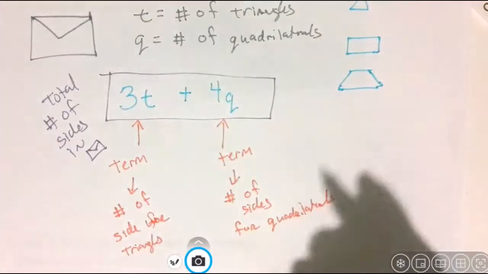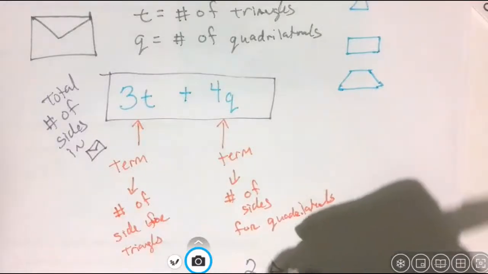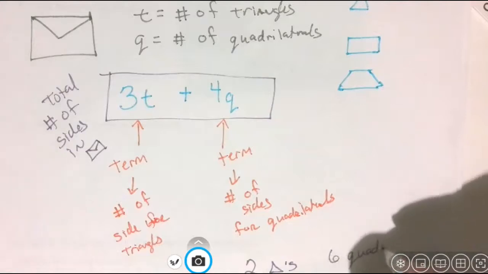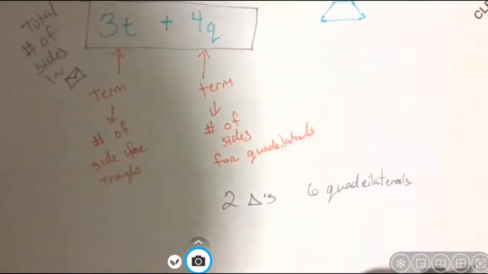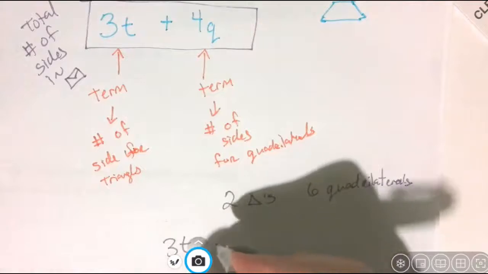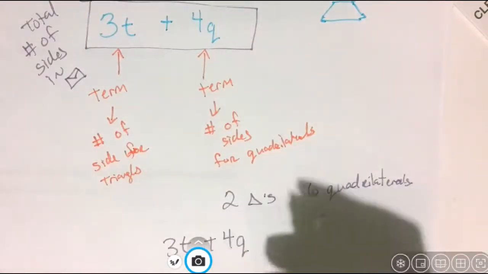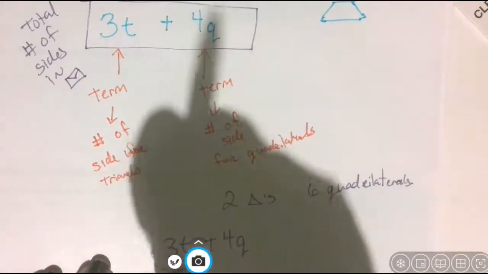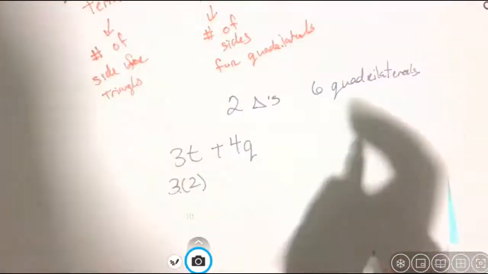So just for argument's sake, let's say that I open this envelope up and there are 2 triangles in my envelope and there are 6 quadrilaterals. So to find the total number of sides for this given situation, I'll take my expression and I would replace T with 2 because I have 2 triangles. Each triangle still has 3 sides.